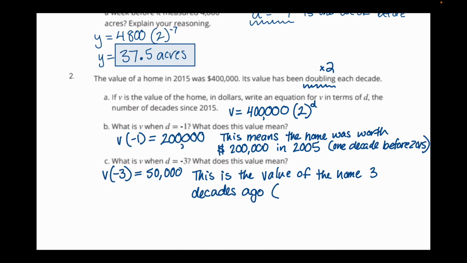Or 30 years before 2015, which would be 1985. Because it's not like currently 2015 or anything, so when we say ago, that sometimes can imply that, so we can give a specific year for that.